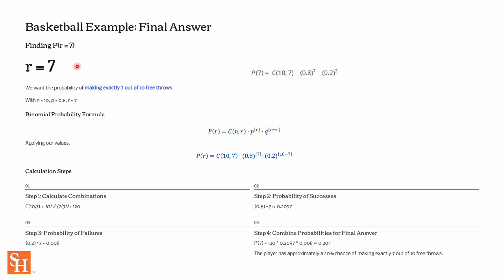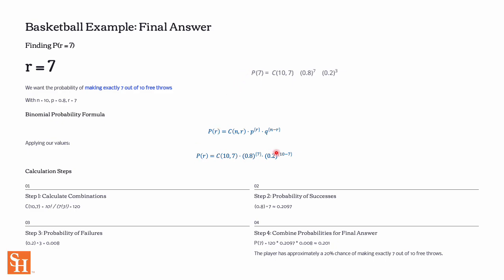So then our r in that case is 7, and the probability of success was 0.8. Therefore the probability of failure q would be 0.2, right? So we can just plug in these values in the binomial probability distribution formula, and that basically gives us this number, right? So this is the probability that he will make exactly 7 successful shots.